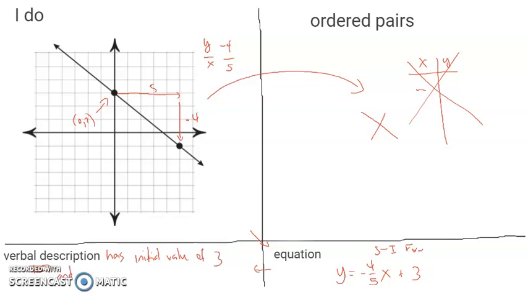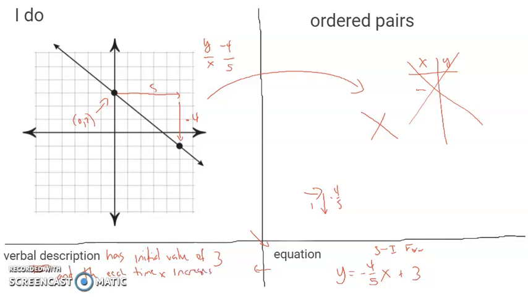And then we talk about the slope. I'm going to talk about the slope using that each time x increases by 1, y decreases method.